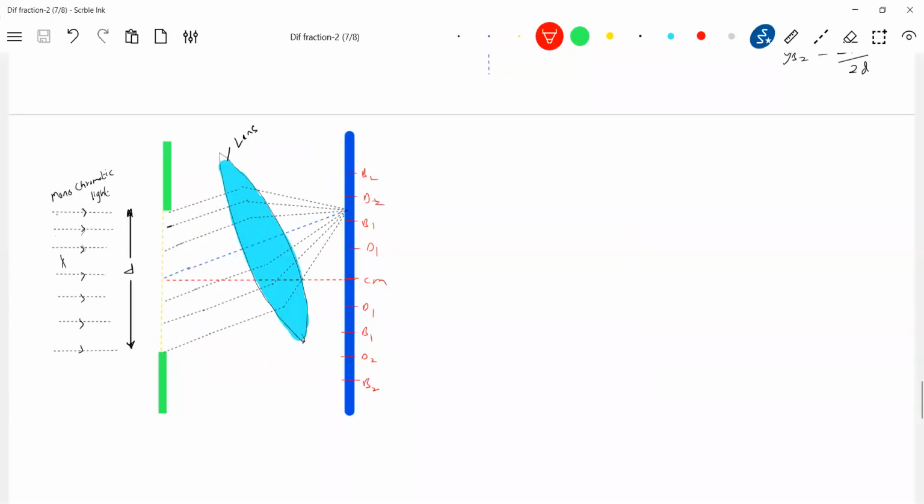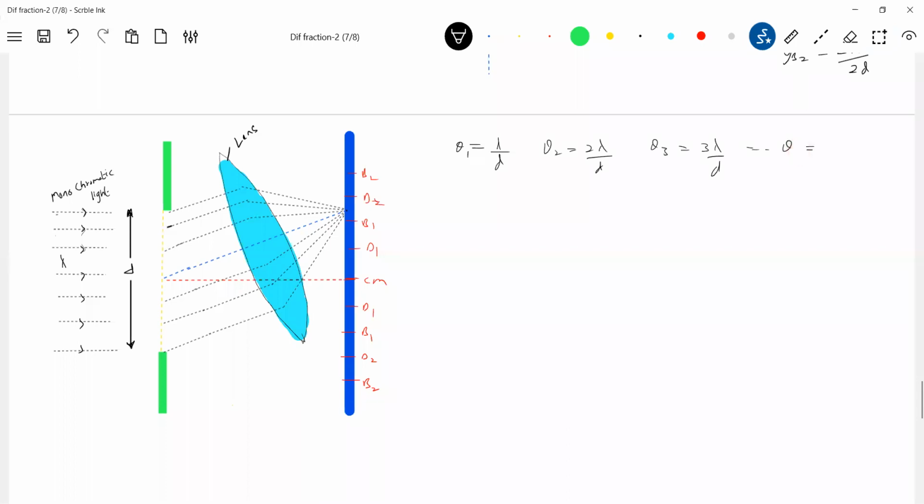Shall we generalize? So I'll write the equation. Theta 1 is equal to lambda by D for minimas. Next, 2 lambda by D, 3 lambda by D. This is for minimas, secondary minimas, and so on.